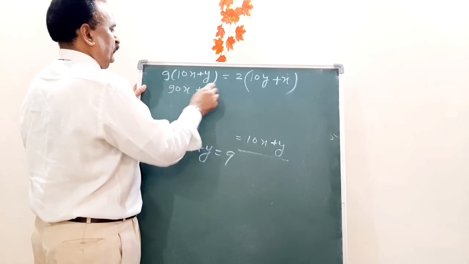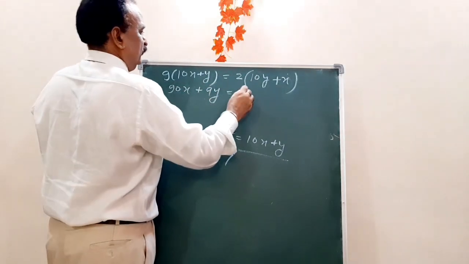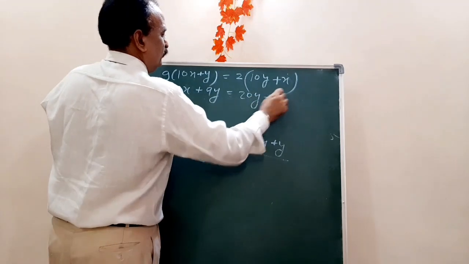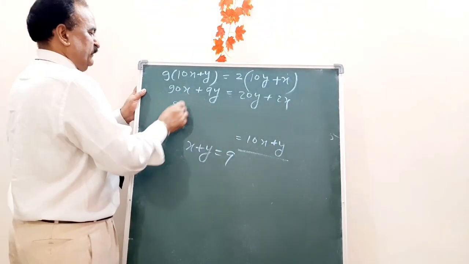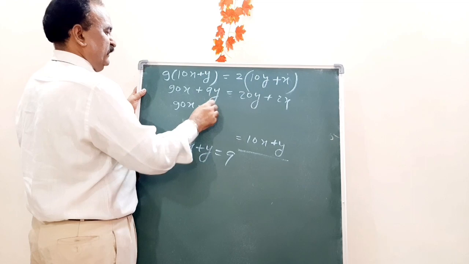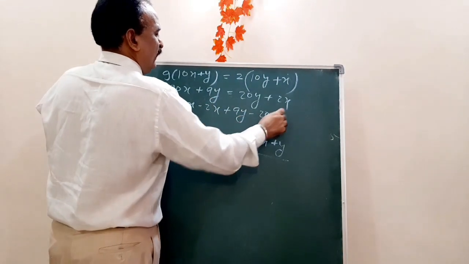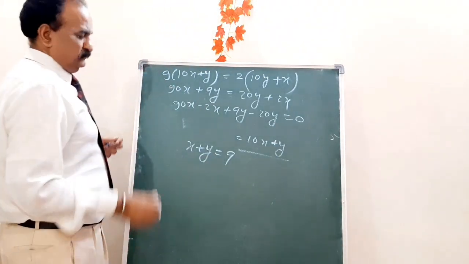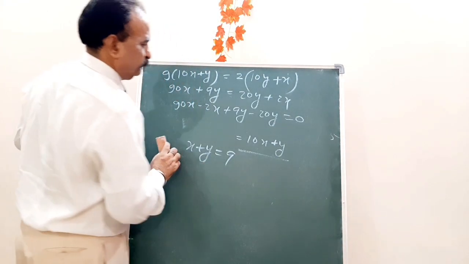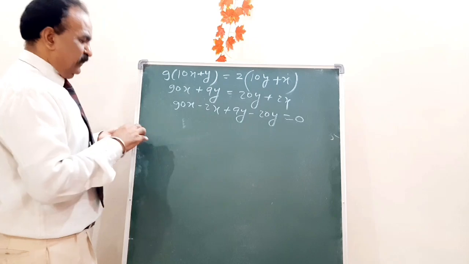Now simplify. 90x plus 9y equals 20y plus 2x. It means 90x minus 2x plus 9y minus 20y equals 0.